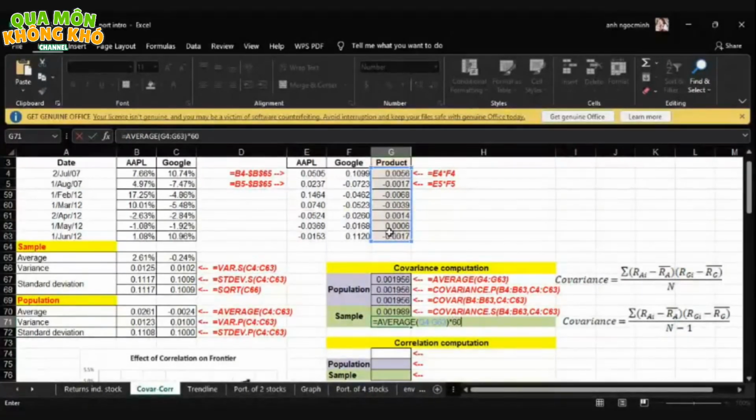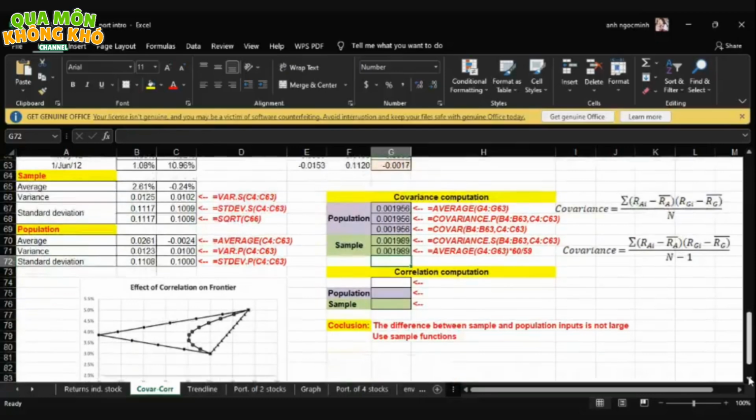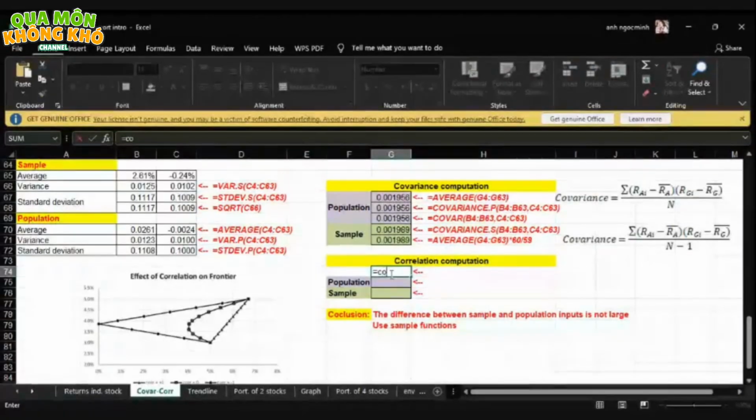Here, 60 divided by n minus 1 is 59. So here is the result. And about the correlations, first we can take the Excel function.